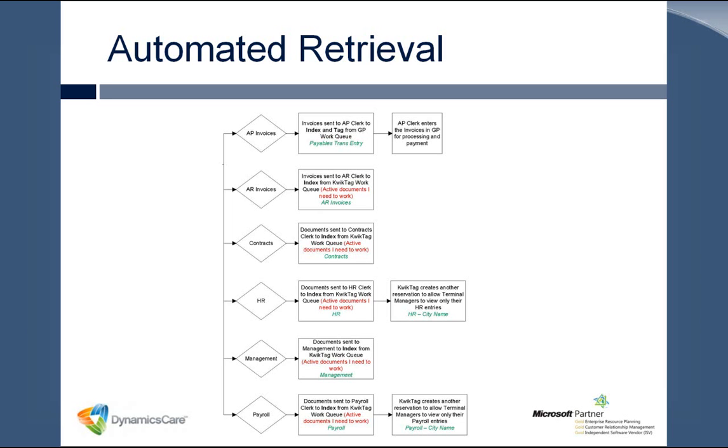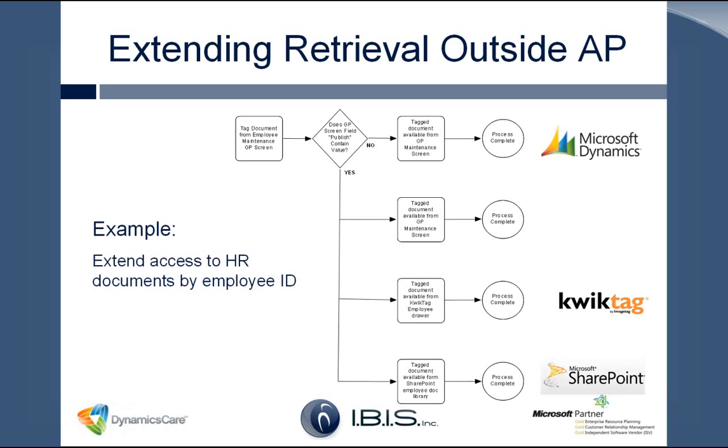So we can also extend this outside of AP. This is an example of access to HR information by employee ID. So if you think of your HR department, whether or not you're using the Dynamics HR module, you can begin to consider if you want HR information to be consumed by the individuals whose information is being added.